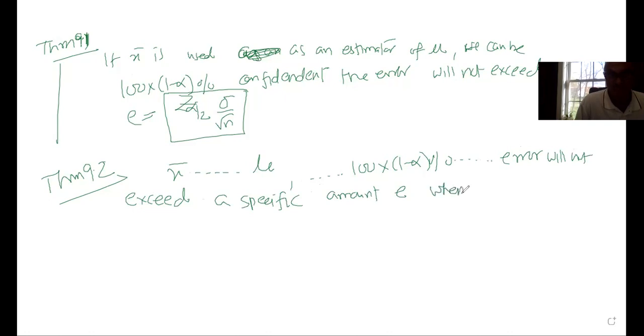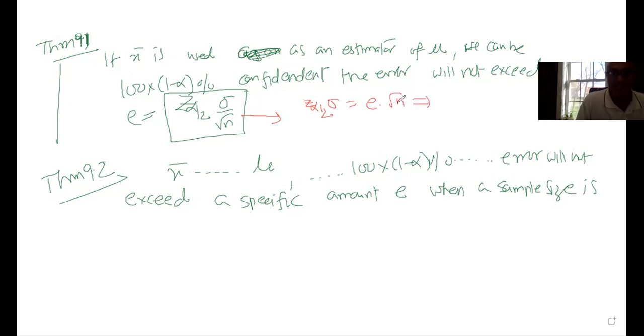So if you are asked to find the sample size, you can write it like this. Out of this equation, look over here. Let me write z alpha by 2 and sigma is equal to E times square root of n.